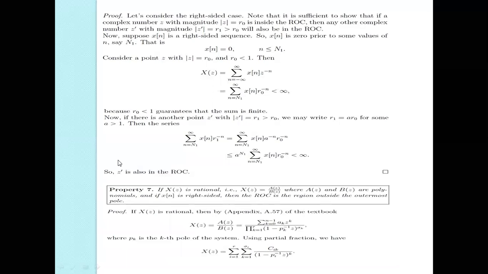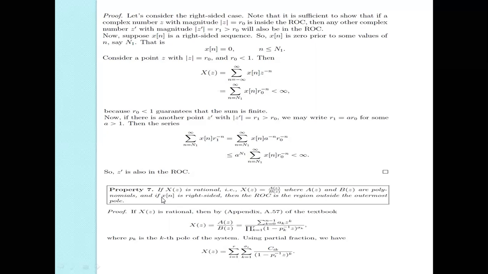The seventh property says: if X of z is rational, X of z equals A of z over B of z, where the numerator is A of z and the denominator is B of z, and A of z and B of z are polynomials. If x of n is a right-sided sequence, then the ROC is the region outside the outermost pole.